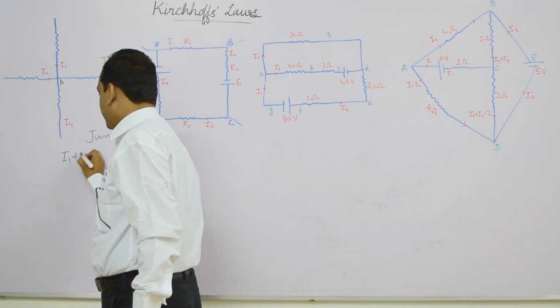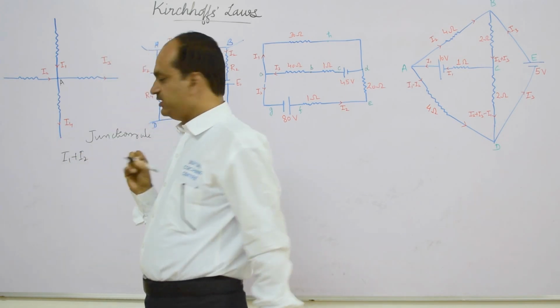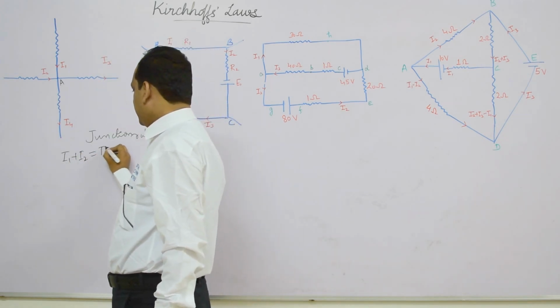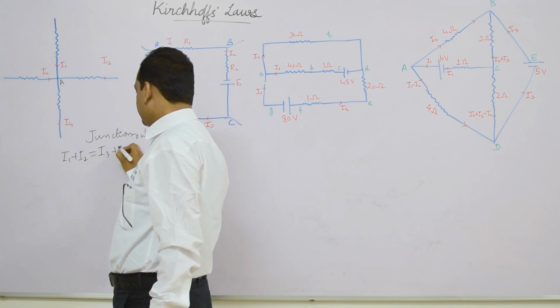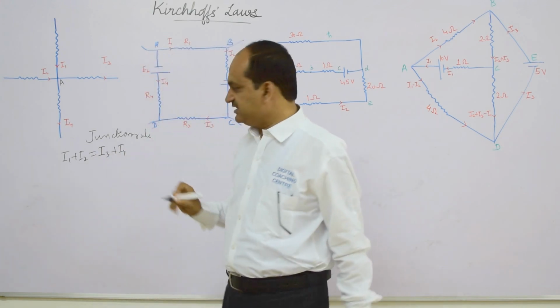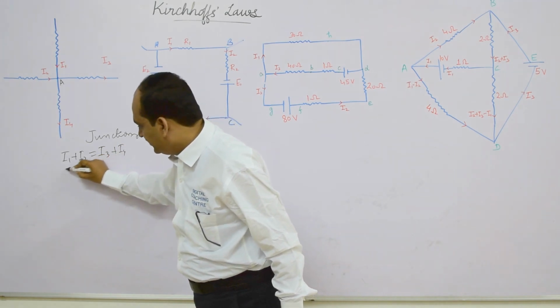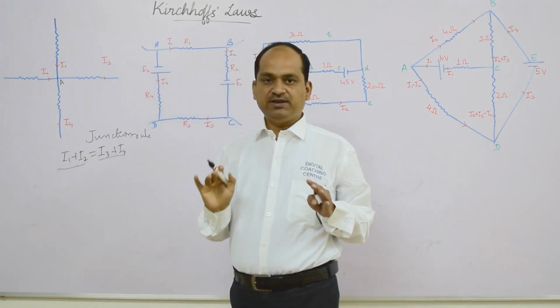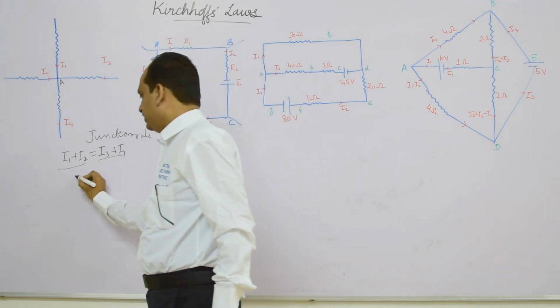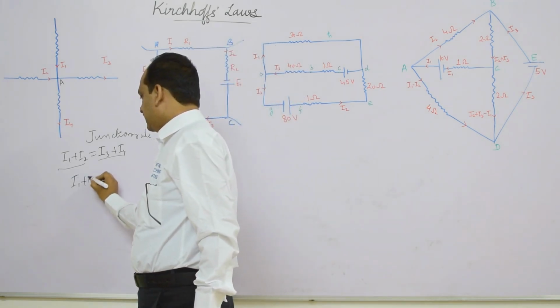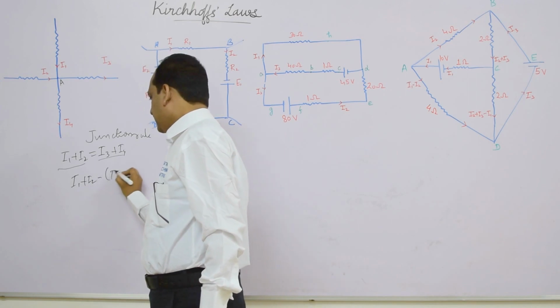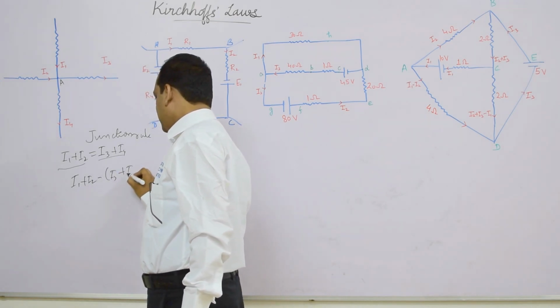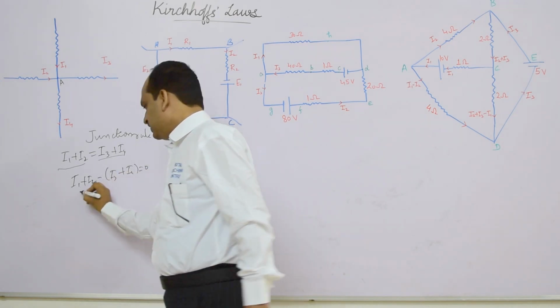I1 plus I2 are in the same direction, and I3 and I4 are in another direction. The current coming into the junction and the current leaving the junction are equal. So we can write I1 plus I2 minus (I3 plus I4) equals 0.